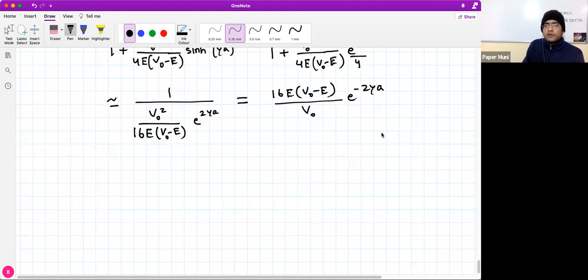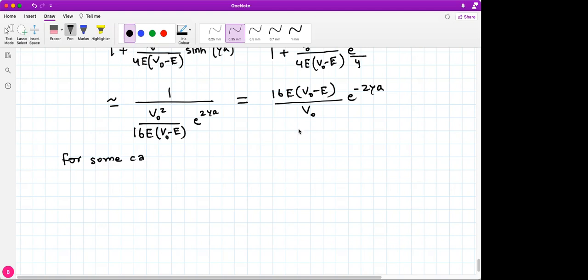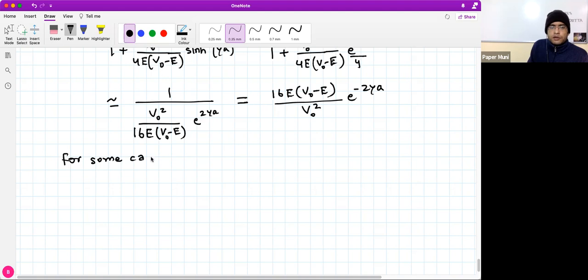Now we can have situations where, for some cases, there is v naught square. Yeah, v naught square, you're right.